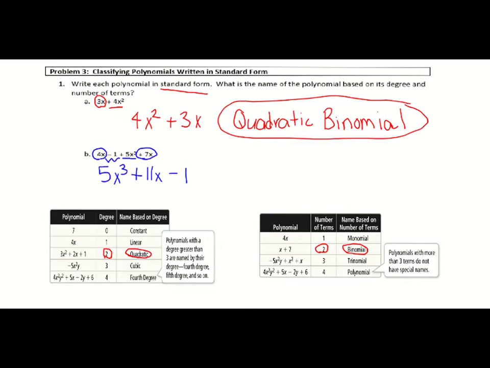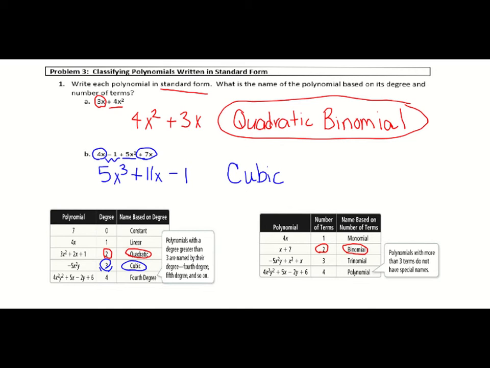So 5x cubed plus 11x minus 1. If we classify this, the first thing is its degree. It has a highest exponent of 3. Anything with a highest exponent of 3 is called a cubic. So this would be cubic.